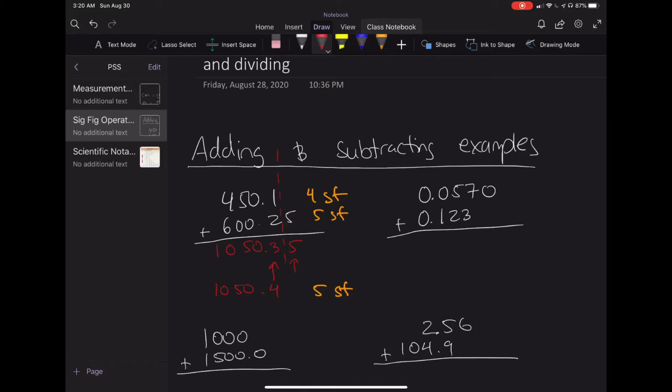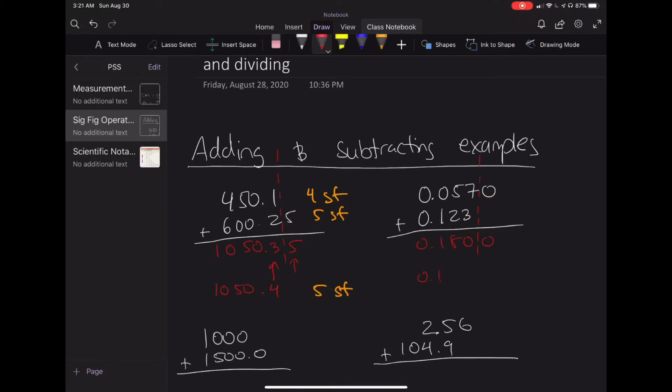So next example, 0.0570 added to 0.123. Inserting our dashed line would look like this. It's going to go 3 places past the decimal point. Now I'm going to actually add it up on my calculator. So 0.0570 plus 0.123, my calculator tells me 0.1800. That second zero is beyond my dashed line, so I'm not going to keep it.